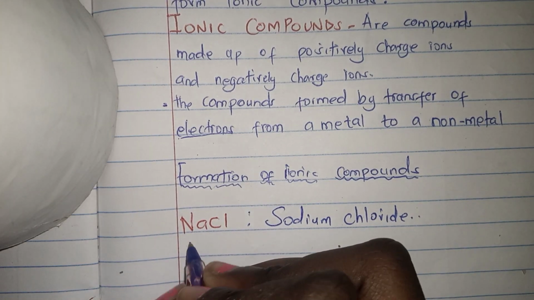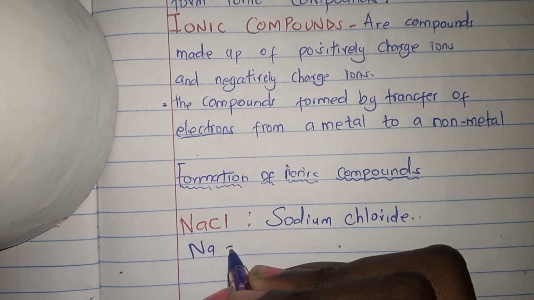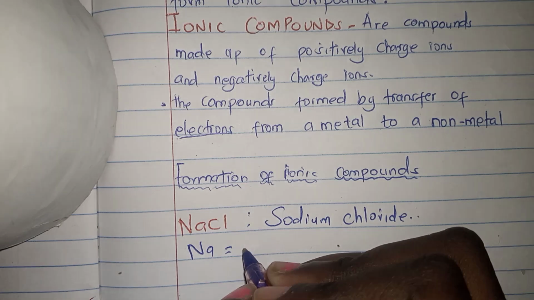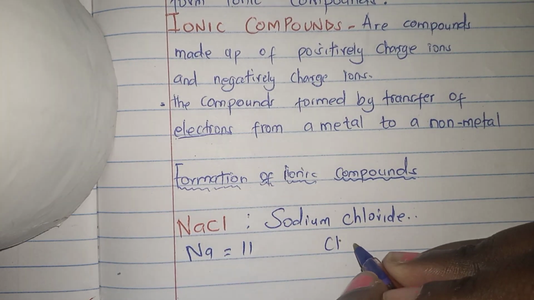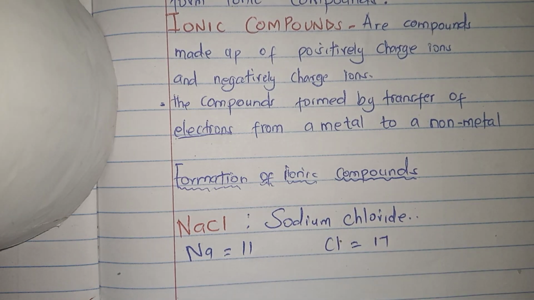Remember, sodium has an atomic number of 11. On the other side, chlorine has atomic number 17.